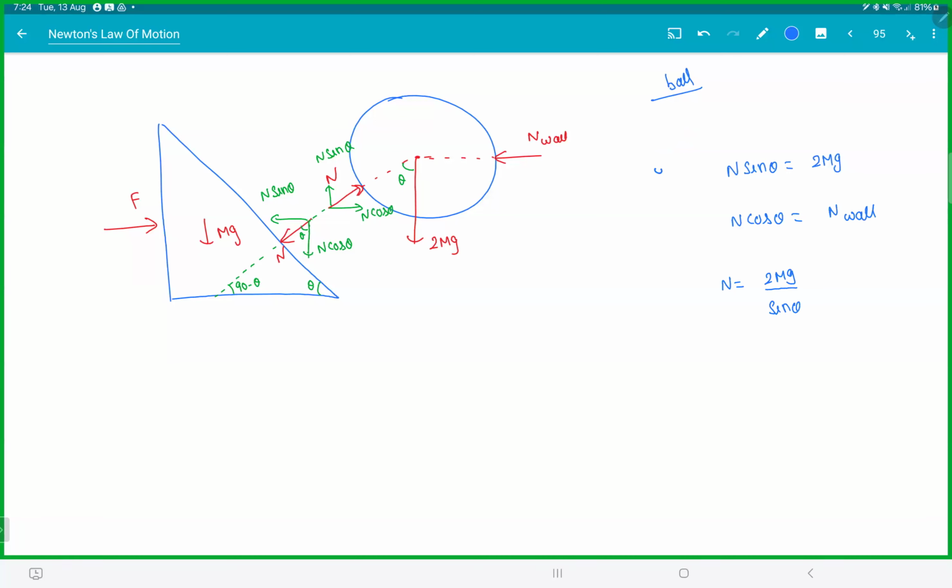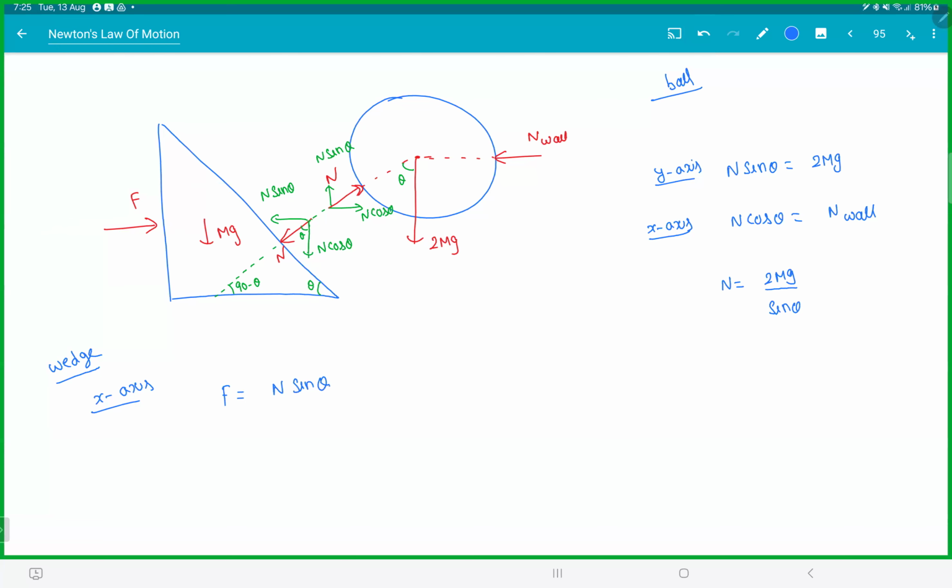This is the y-axis, this is the x-axis. Forces along x is 0, forces along y is 0. Now for the wedge, we are only interested in F, so I will take only the x-axis. The only force supporting F is N sine theta. There is no one else. F is equal to N sine.